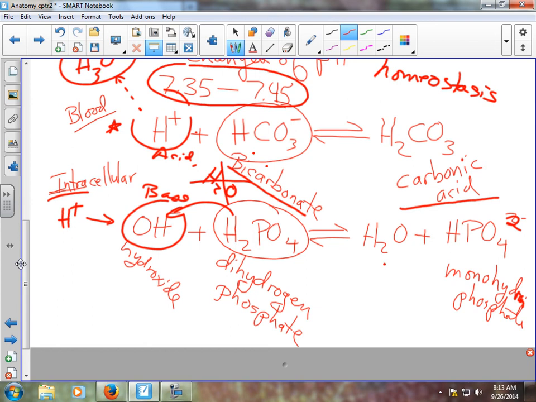Rather than let it react and trash your pH, it's going to give it an H plus from this. It's going to form water, rather than taking away your hydrogen from something else. Both of these buffers keep your pH very regulated so it doesn't fluctuate one way or the other.